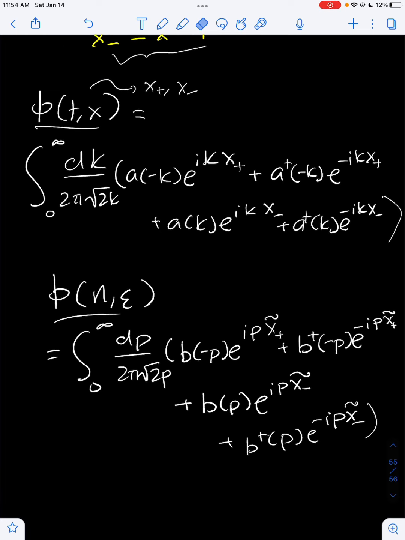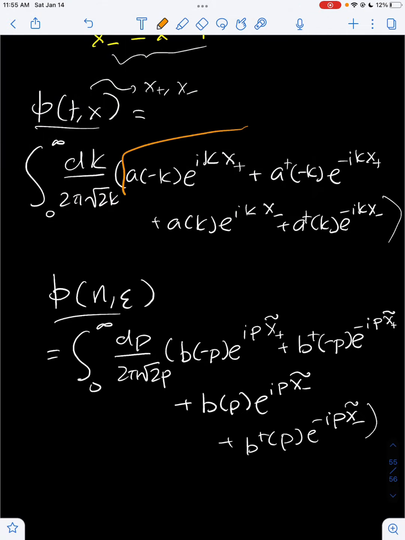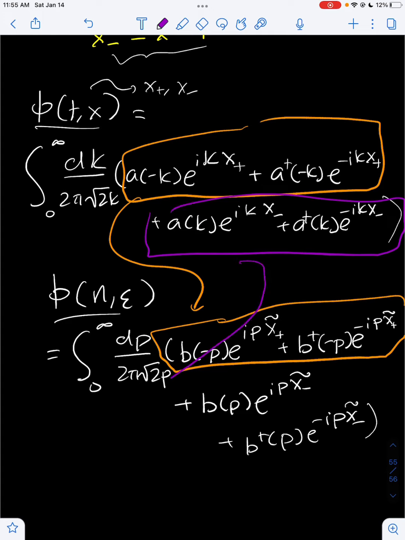Now, since phi of t, x is equal to phi of n epsilon, this is actually going to imply that this box over here is equal to this over here, and this is equal to this over here.